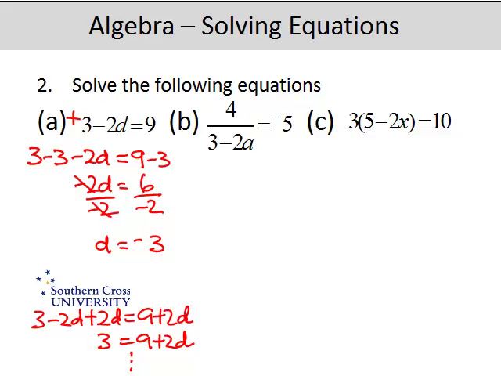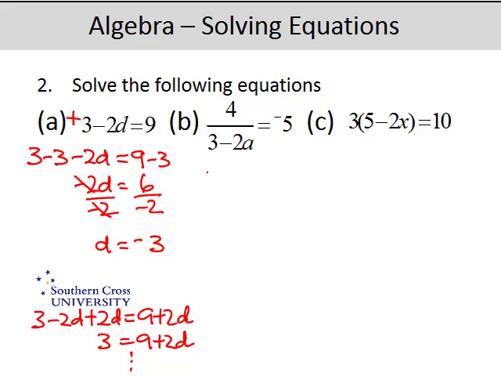Alright, this one's a little bit harder. This one causes quite a bit of difficulty because the pronumeral that we're trying to make the subject, a, is in the denominator, and that's not good news. We really prefer it in a numerator. So what I'm suggesting that we do here is we say, well, 4 has been divided by 3 take away 2a, that's not a term, it's actually an expression.